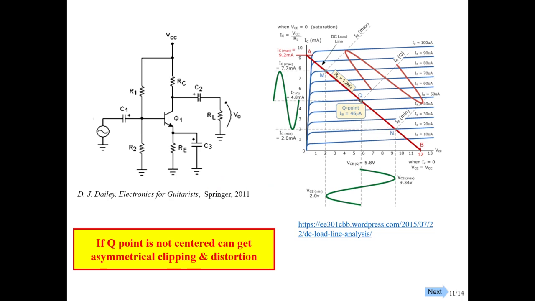And the resistors here, this RC together with this RL, will set this load line. And so now as we change IB based upon the input signal, this operating point will swing back and forth, and we'll get different currents going out, and the current through here will create a varying voltage there.